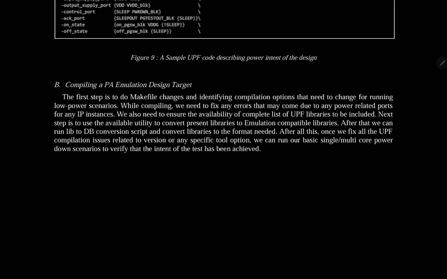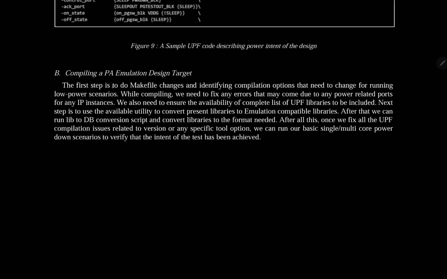B. Compiling a PA (power-aware) emulation design test. The first step is to make file changes and identify the compilation options that need to change for running low power scenarios. While compiling, we need to fix any errors related to power ports for any IP instances.